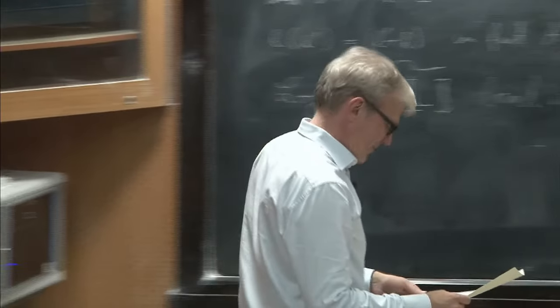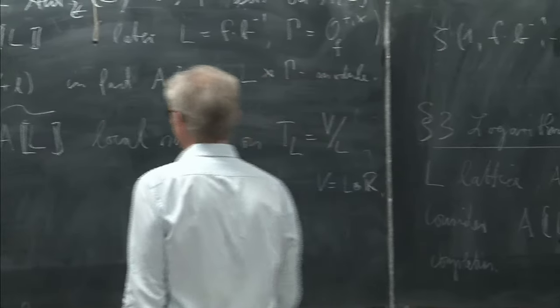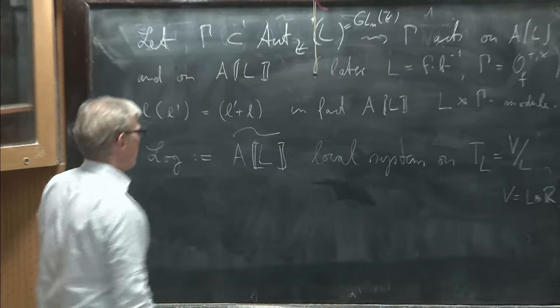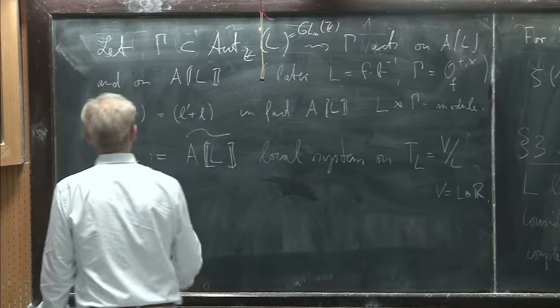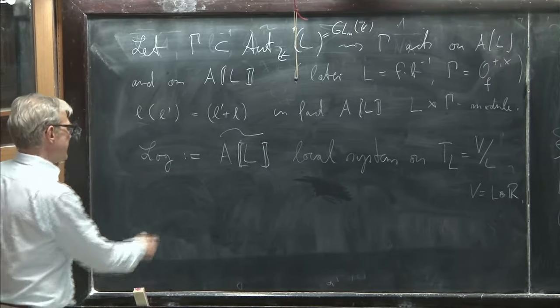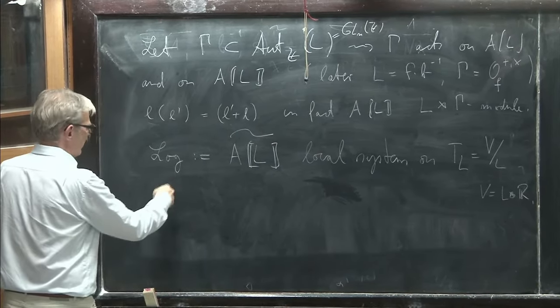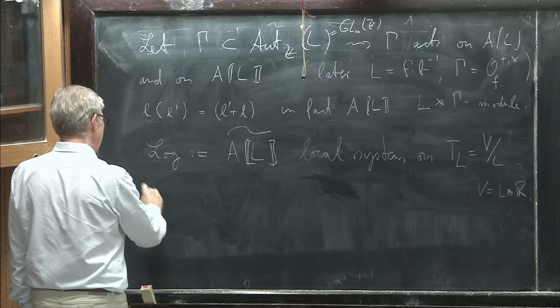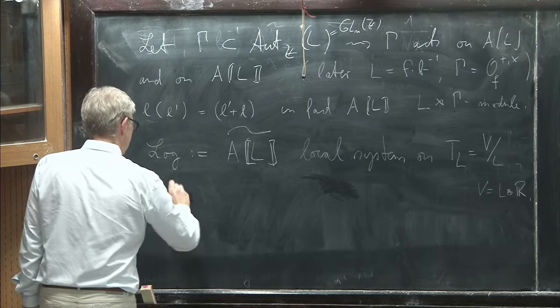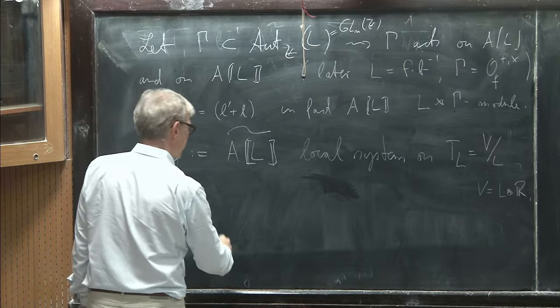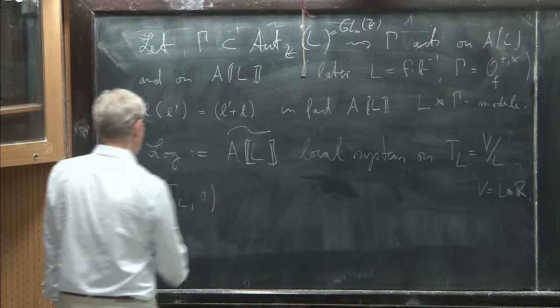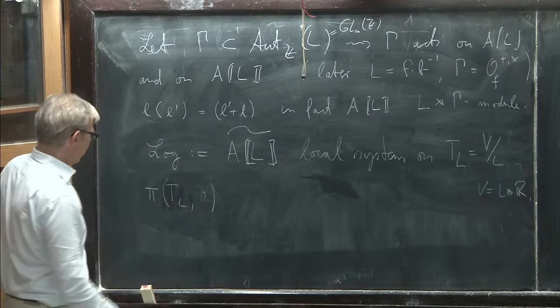So we have to understand that local system a little bit. First of all, this is somehow associated to the representation of the fundamental group of the torus. The fundamental group of the torus at the point, I never know how to call it, it should be 0 maybe, the image of 0 in T_L.